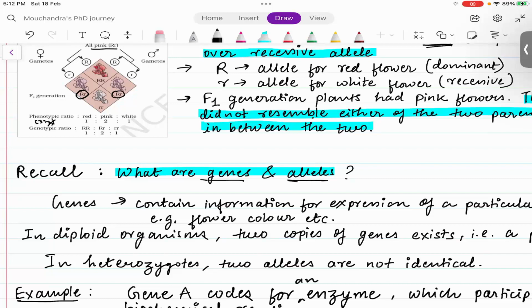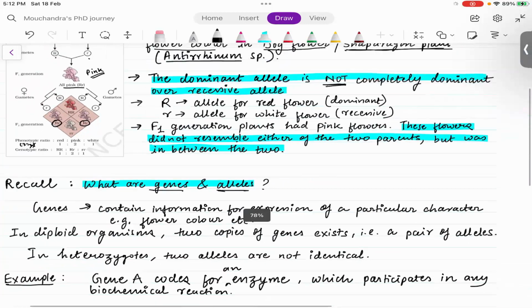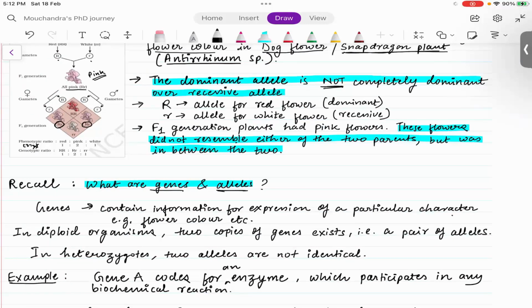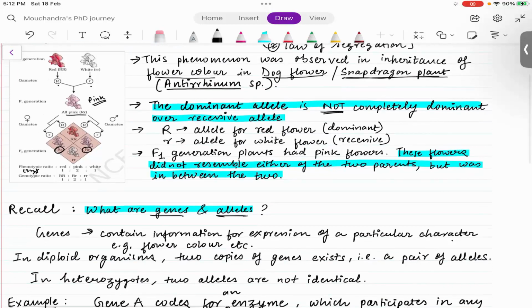We have already discussed the definitions in the previous lecture. So you already know that genes contain information for expression of a particular character, right? Like flower color. In this case, there's a gene that is responsible for giving a color to the flower, and that color can be either red or white. So what type of allele is present will decide whether it is red color or white color.